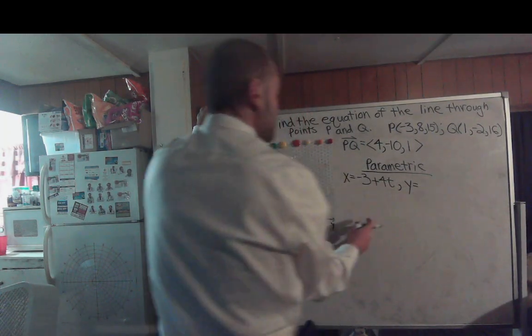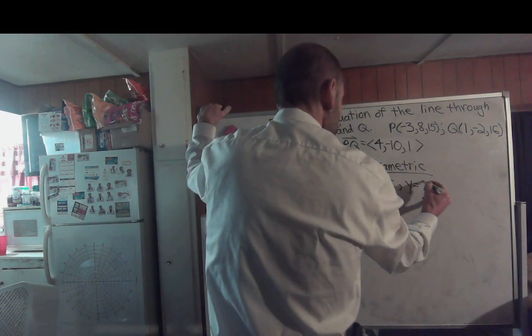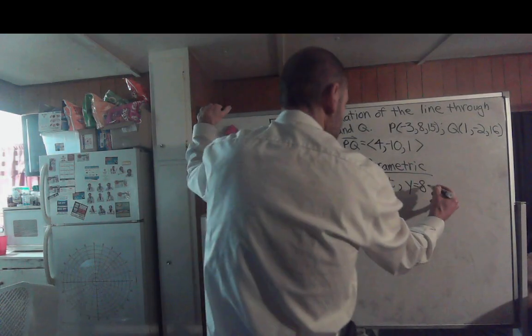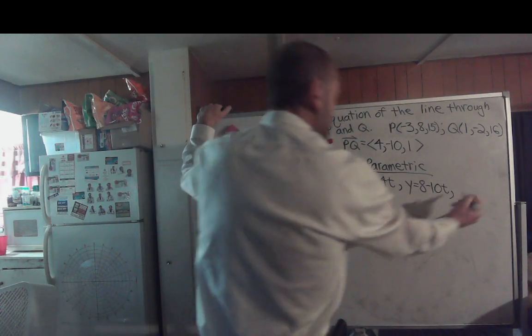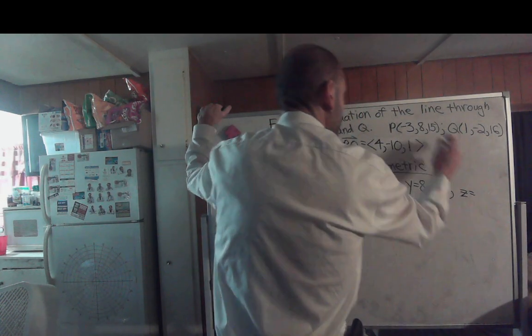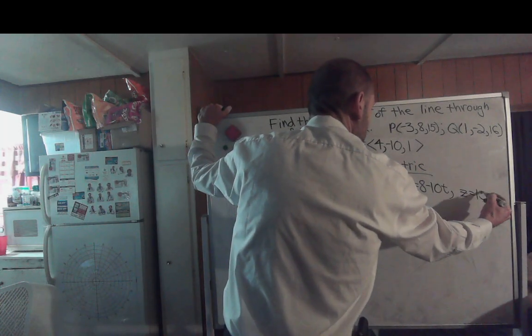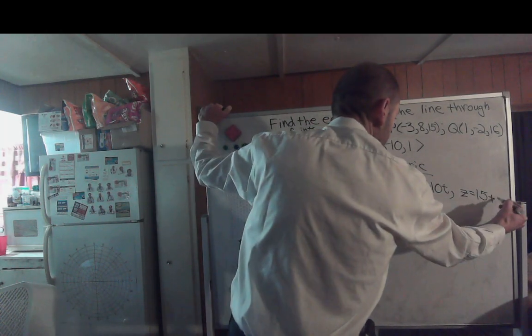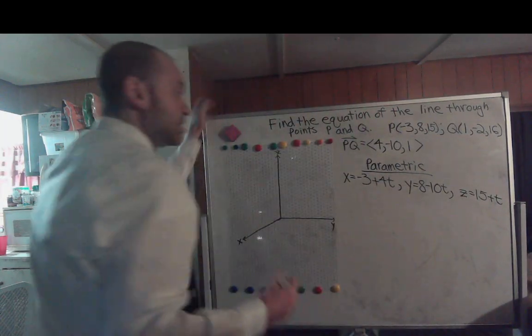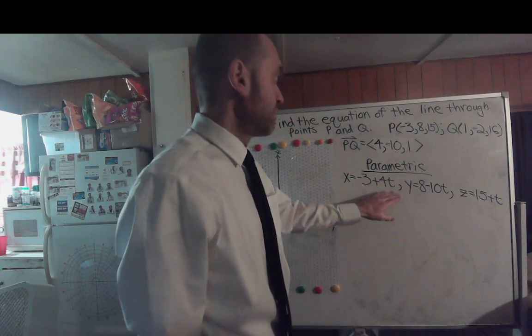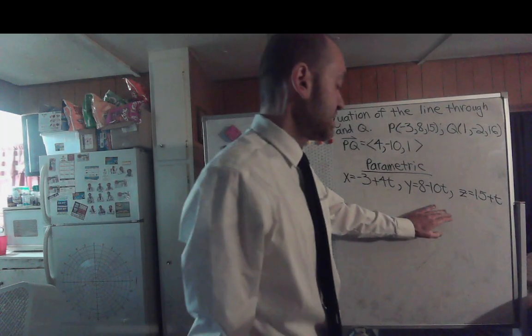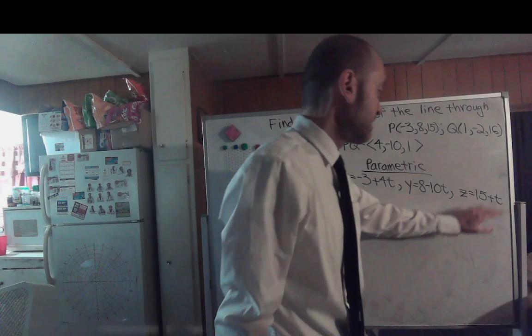Y is going to equal then that 8 plus negative 10t, so 8 minus 10t. And then z is going to equal that 15 plus 1t, or just 15 plus t. So I get my parametric equations being negative 3 plus 4t, 8 minus 10t for y, and then 15 plus t for z.